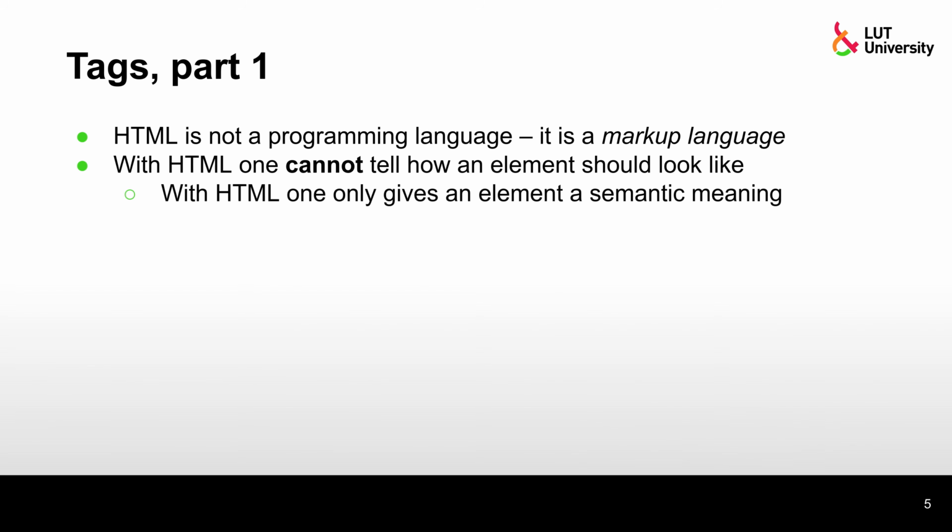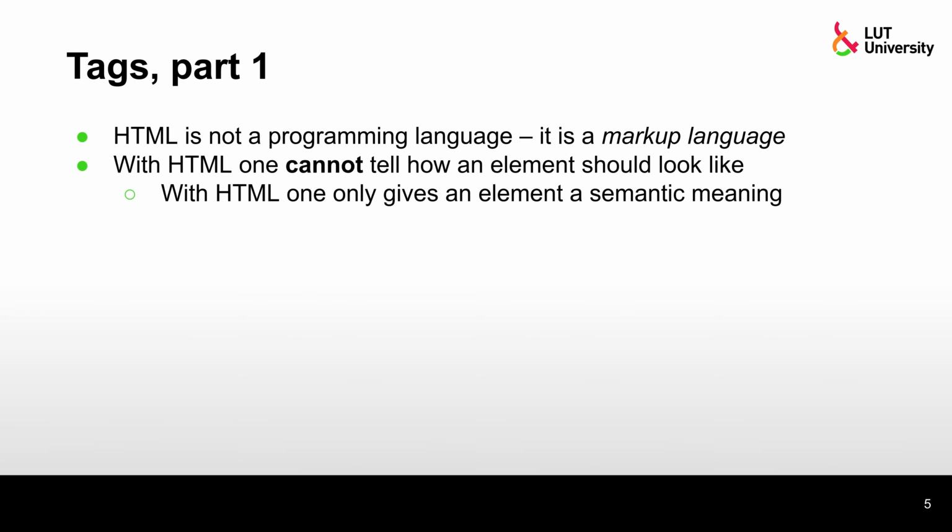So we can say that this text is important, or this text is a header, this is a table, or this is an image. We can have these semantic meanings, and of course we can have links. That's one of the cornerstones of HTML, and it was one of the key reasons behind building the World Wide Web with HTML, to have links to other pages.